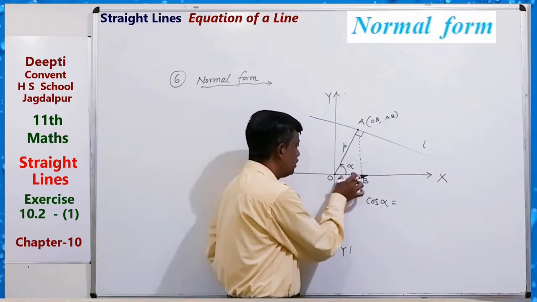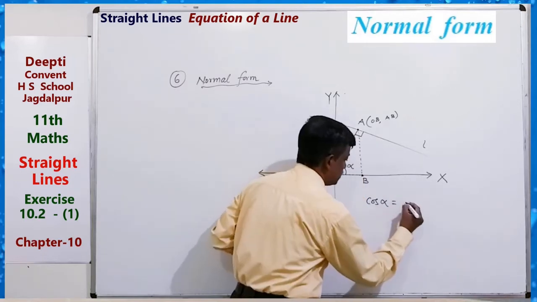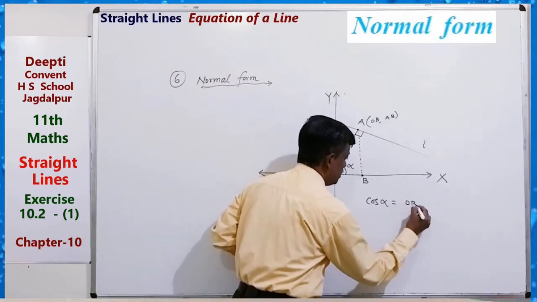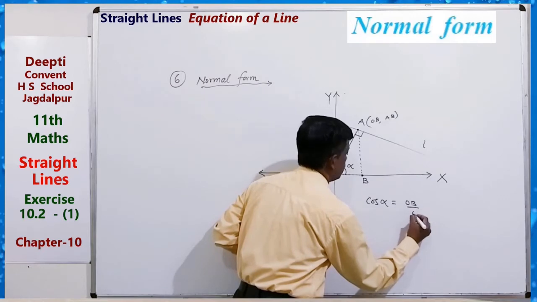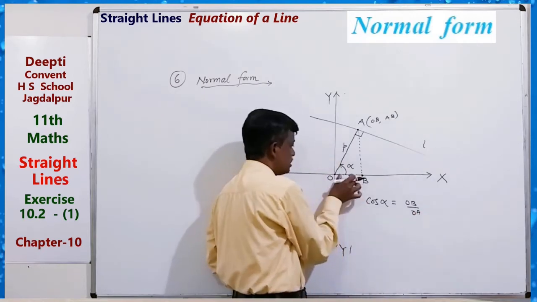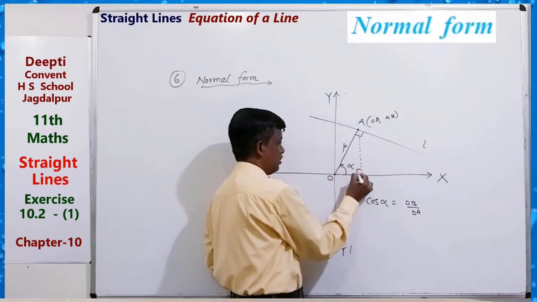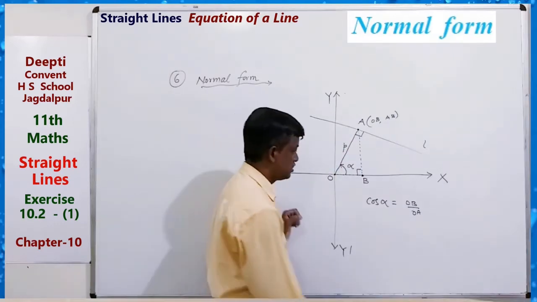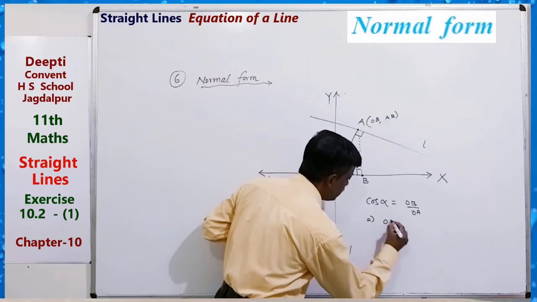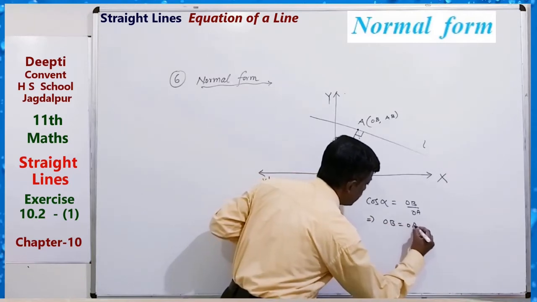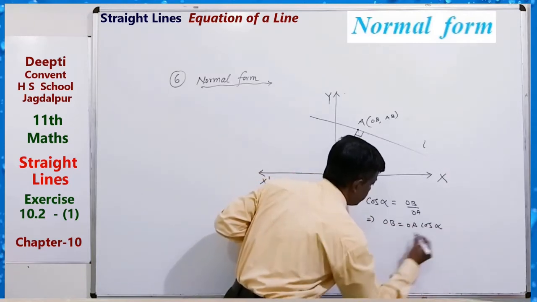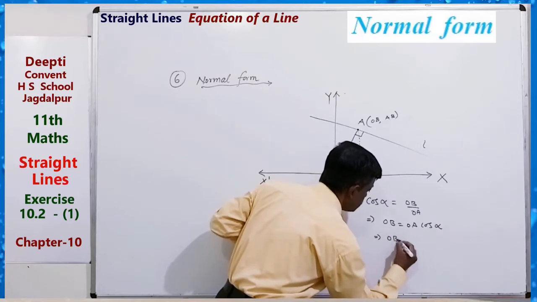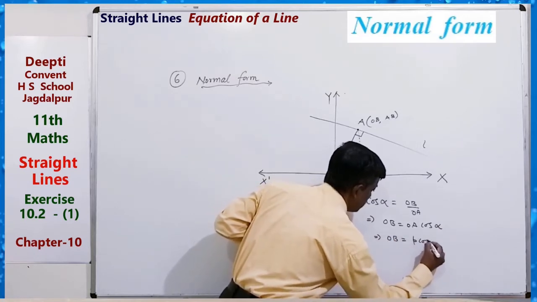OB by OA, because this is perpendicular. So base by hypotenuse. So from here we can find OB equals OA cos alpha. That is, OB equals OA, means P cos alpha.